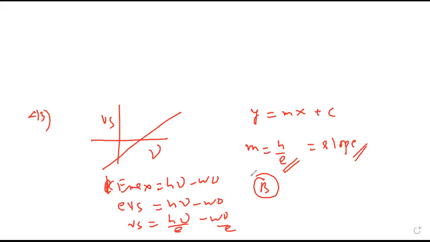Done, sir. The stopping potential versus frequency graph is given as shown, for the photoelectric work function of A and B. The graph shows the work function of A is greater.